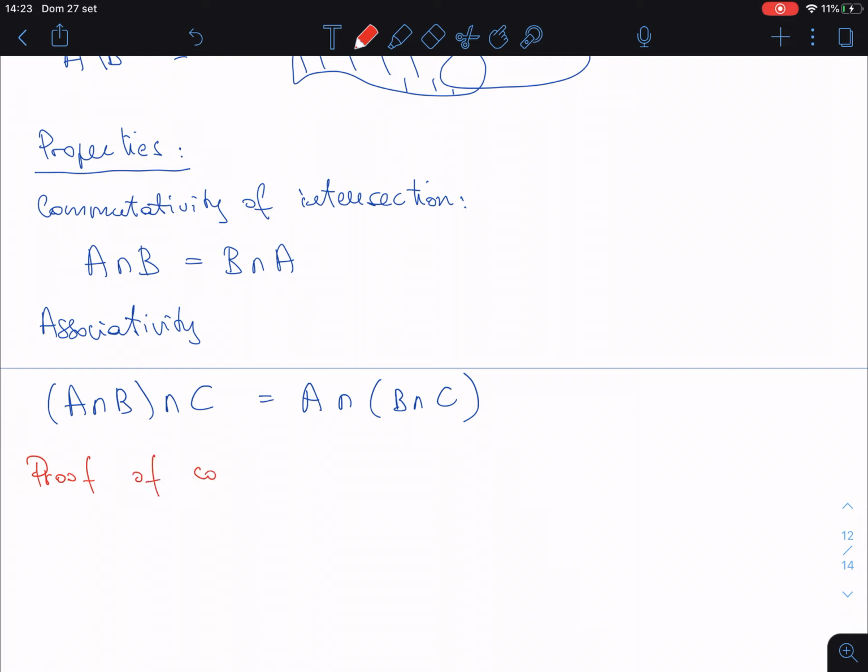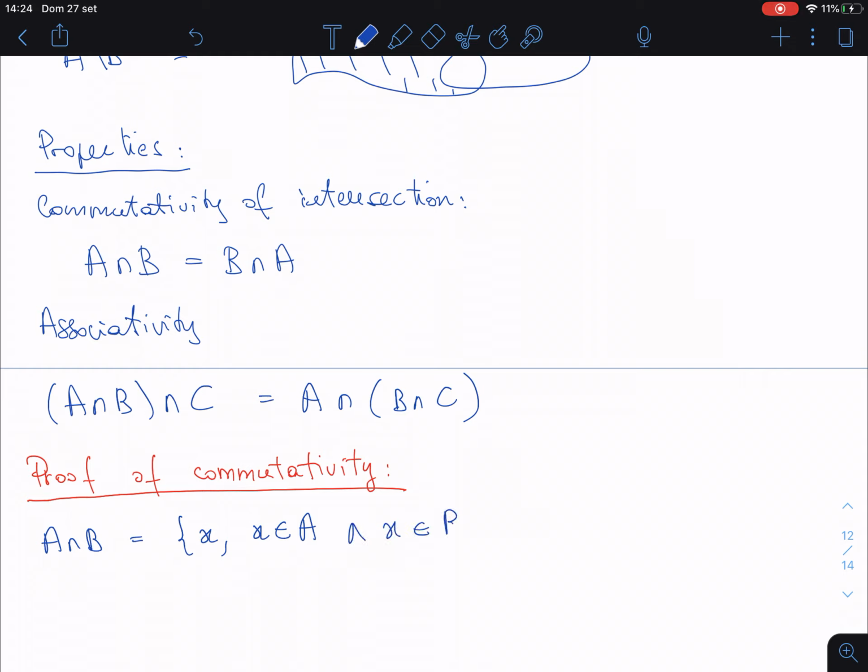And let us prove commutativity. So you have here that A intersection B by definition is the set of X such that X is an element of A and X is an element of B. But we know that AND is commutative.